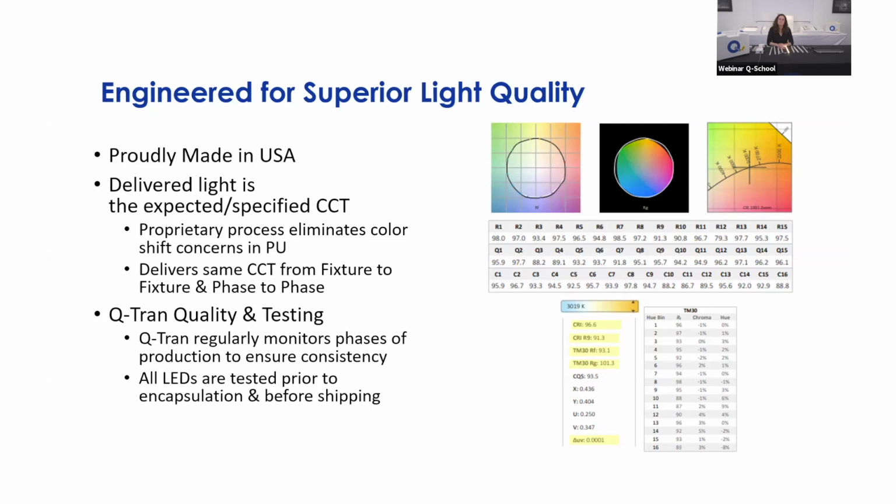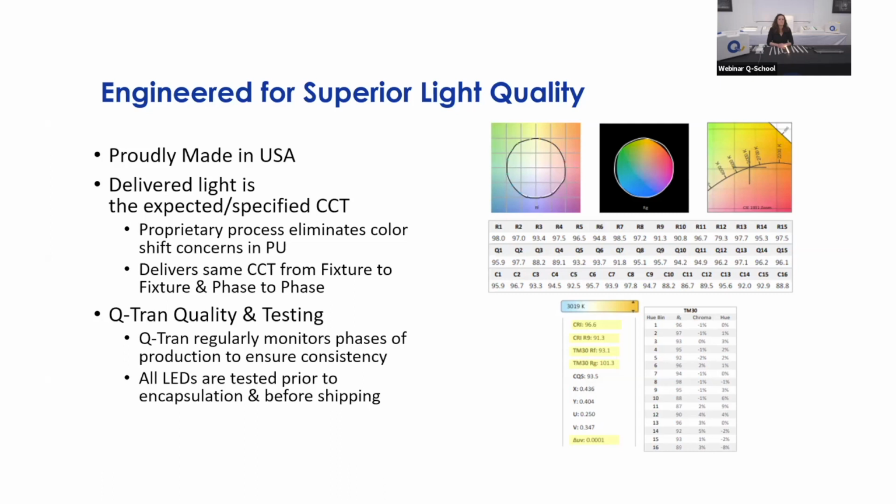Terrific TM30 values. And it is so close to the black body curve, the DUV is 1/10,000th away from the black body curve. For those of you familiar with California Title 24, the requirement is that you must be plus or minus 33 10,000ths away from the black body curve. So this is essentially almost right on the black body curve.